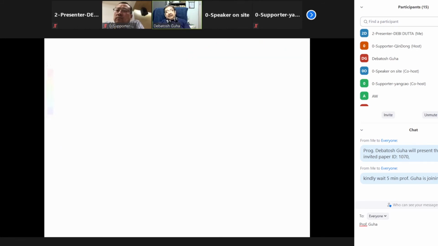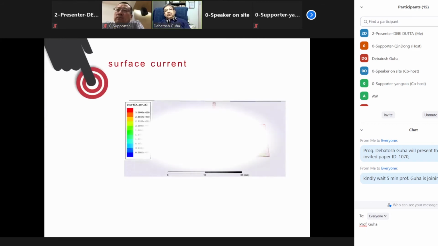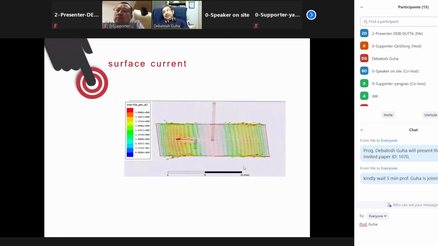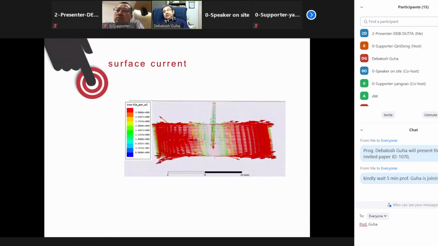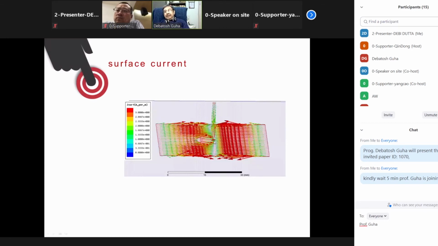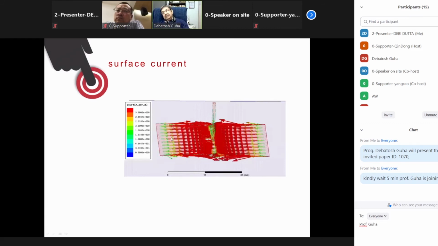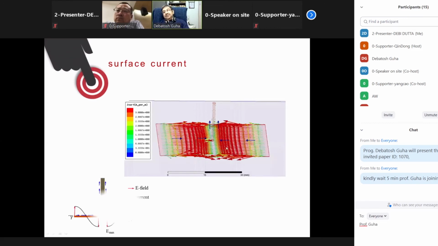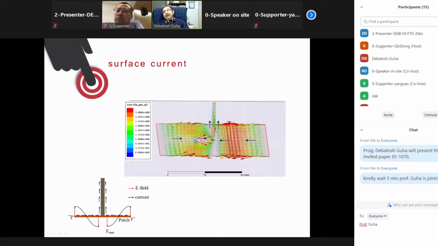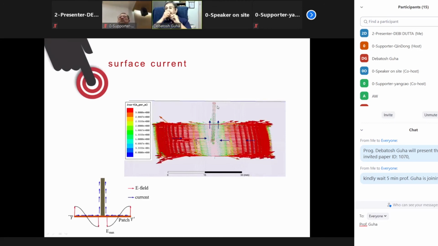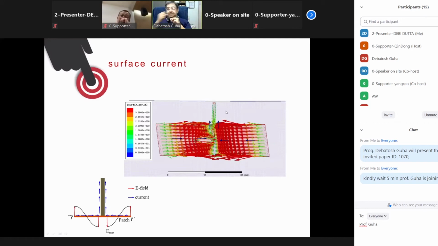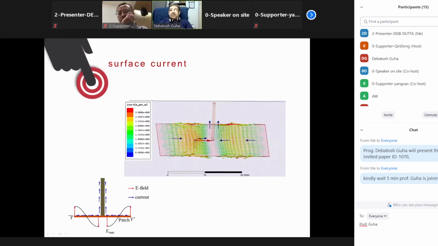Let's proceed further. You see the surface current. Surface current has to be 0 at center for a conventional patch because we are exciting TM02 mode deliberately. Is it really so? No. Current is propagating to this pole.